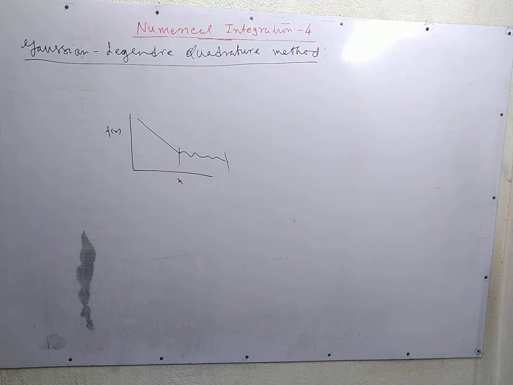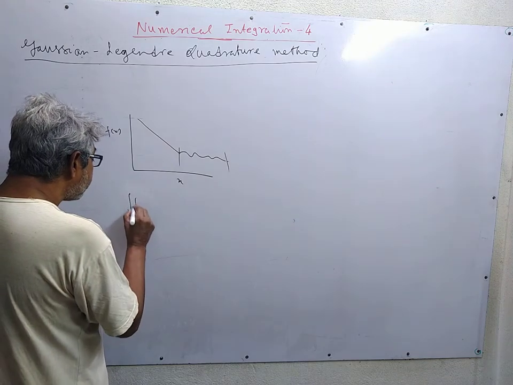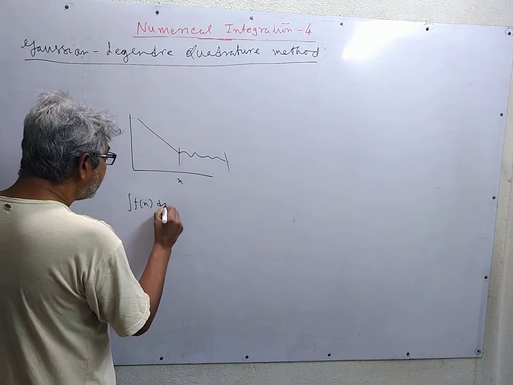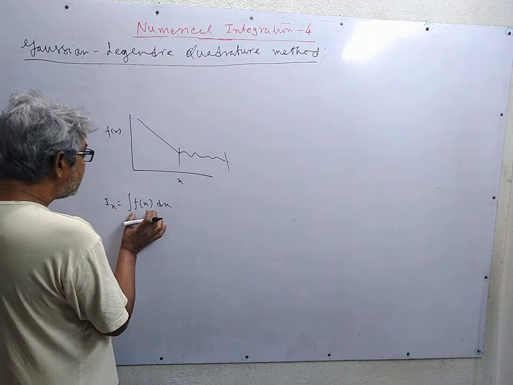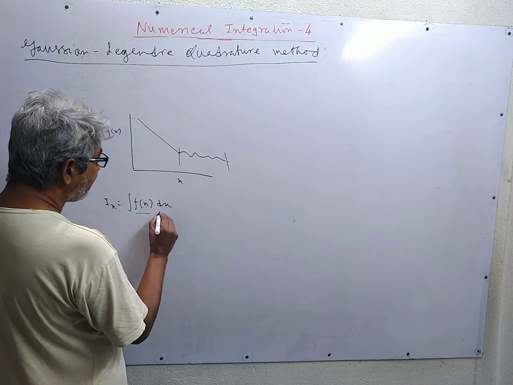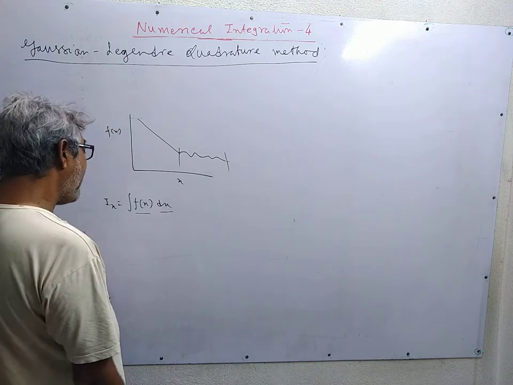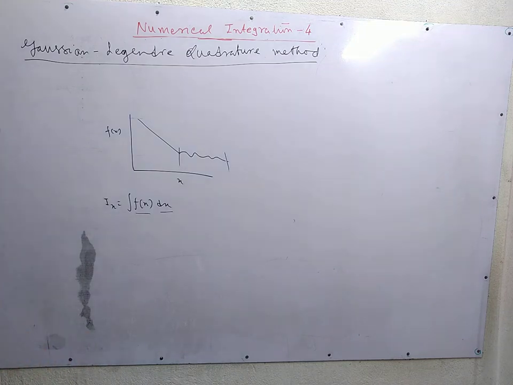As per Gauss, we are evaluating this integral I of x. This integral will have the dimension of function f multiplied by x, and it is found convenient to convert this equation into dimensionless form.